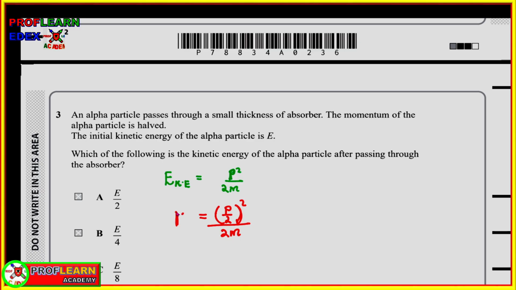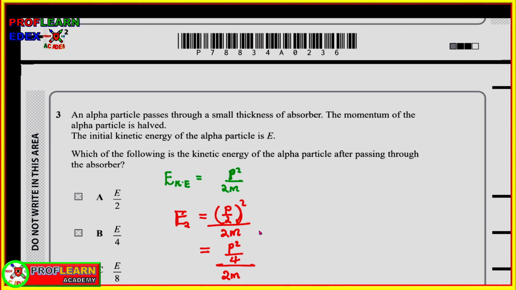For instance, if that's the kinetic energy 2, we shall denote it with E2. So that's going to be p squared over 4 divided by 2m.